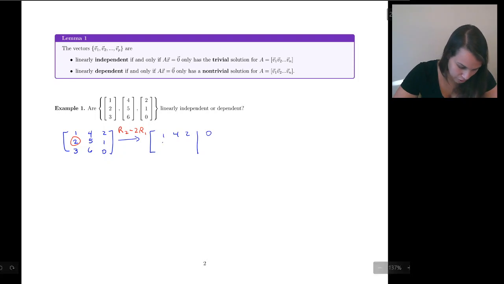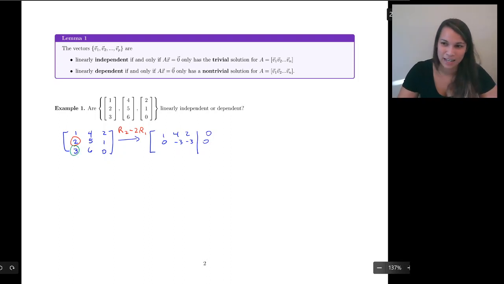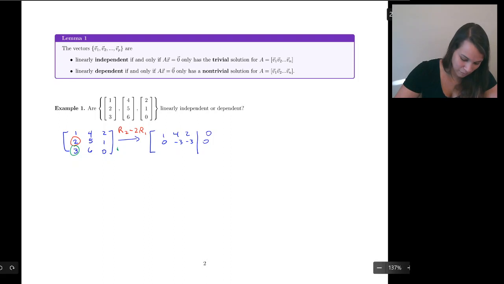And then row 2 changes, and we get -3, -3. And then I'm going to be bad and lazy, and I'm going to take out this 3 in the same step. There we go.